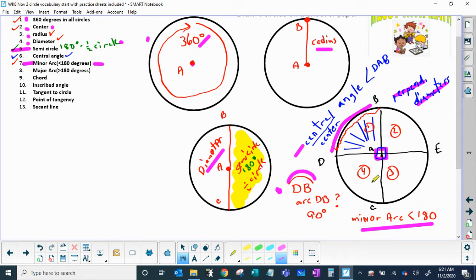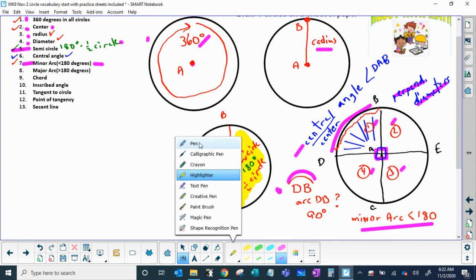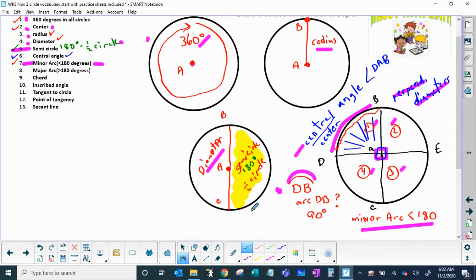It's 90 degrees because there's 4 of them. 1, 2, 3, 4. 4 pieces makes 90 degrees. 360 divided by 90, let's do that off to the side here. 360 divided by 90 is 4 pieces. Good, got it. 90 degrees.